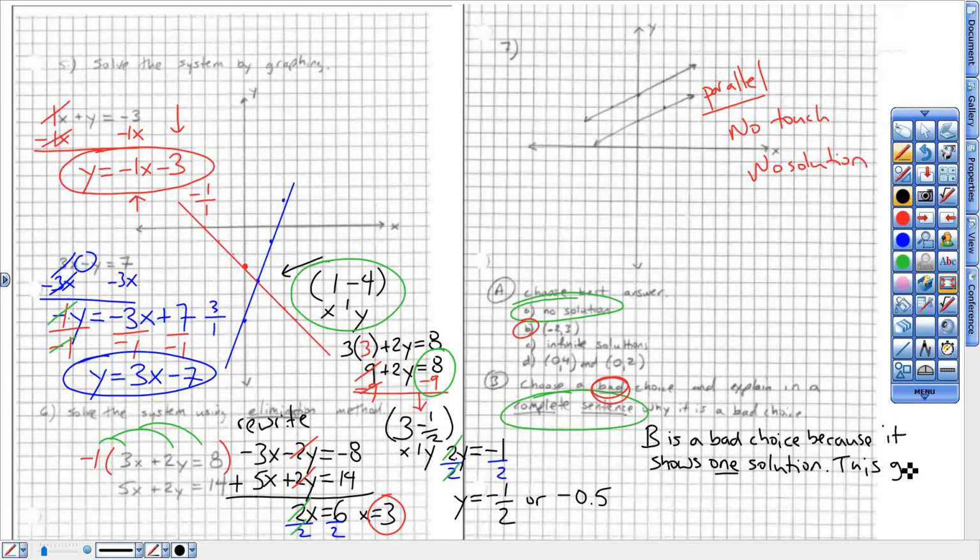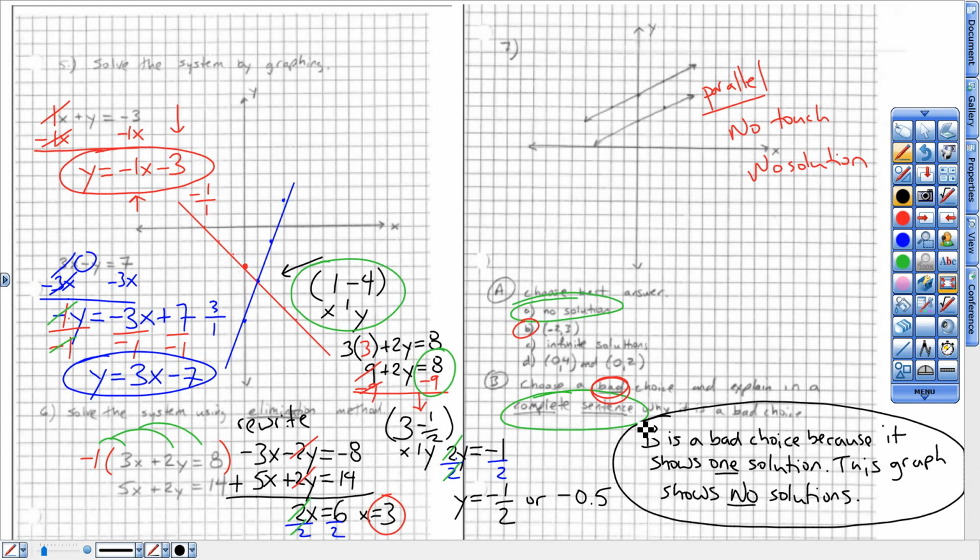This graph shows no solution. All right, so when you're writing that complete sentence, make sure you're looking for those kind of things. Explain, first of all, why that's a bad choice. Explain about it. No solution, and then the next one is explain how that goes to the graph.